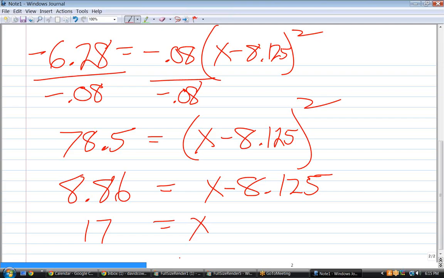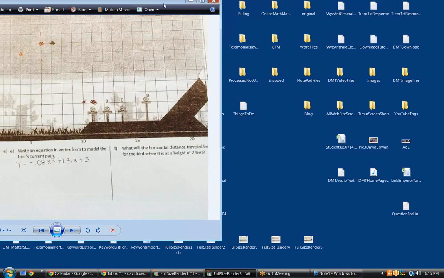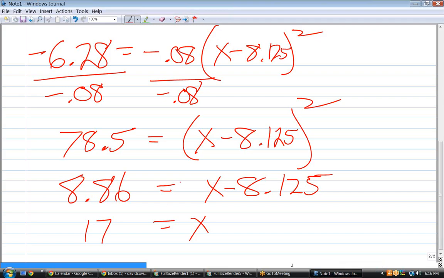Okay. So x would be 17 feet when the height of y was 2. Okay. Cool. Now, we did get two solutions, because actually it's plus or minus. When I take the square root of both sides here, this is plus or minus.